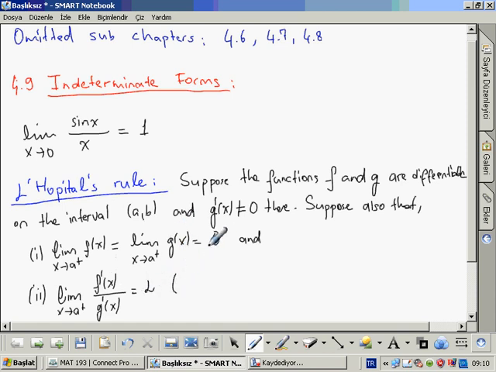equals L, where L is finite or infinity or minus infinity.